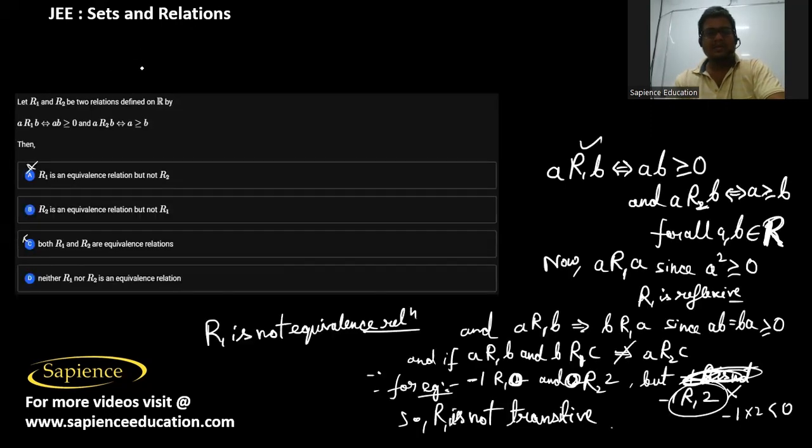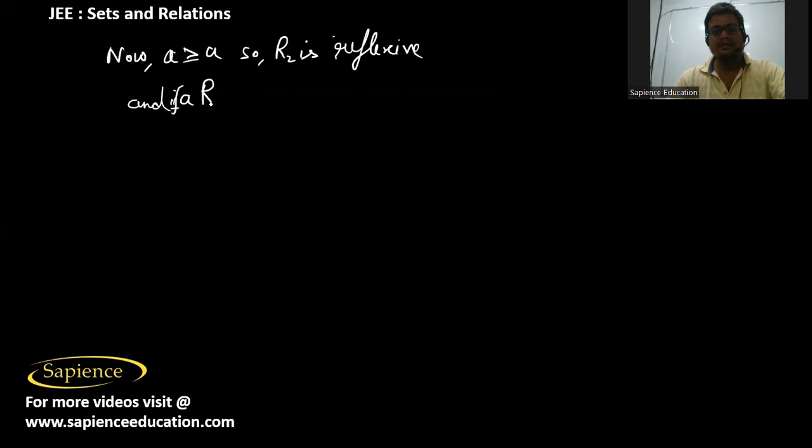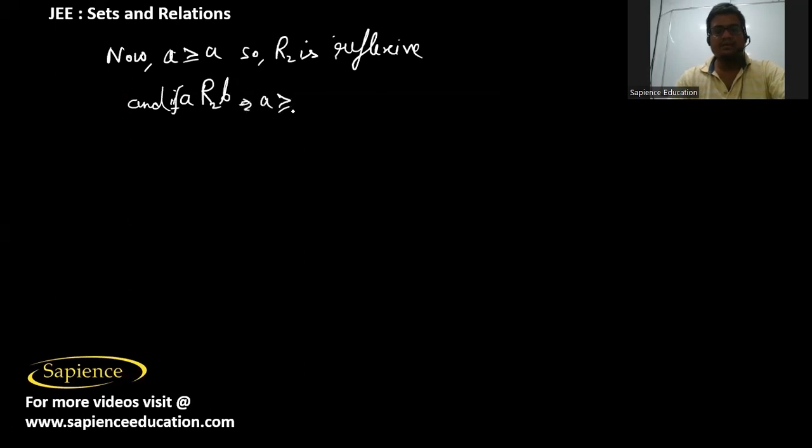Now for R2 it is told A is greater than or equal to B. A is greater than or equal to A, obviously, since they are the same. So R2 is reflexive. And if A is related to B under the relation R2, it means A is greater than or equal to B, then B is not greater than or equal to A. So R2 is not symmetric.